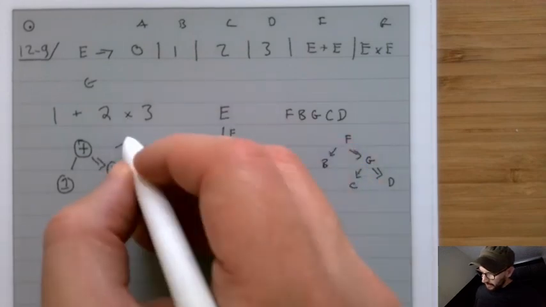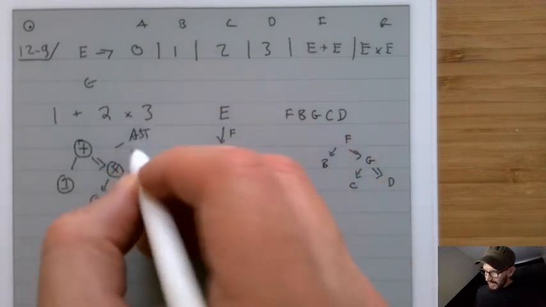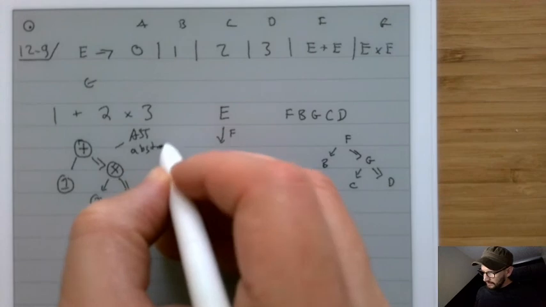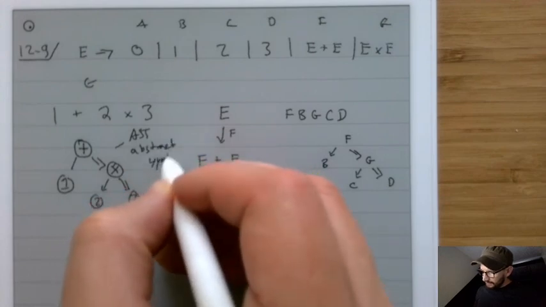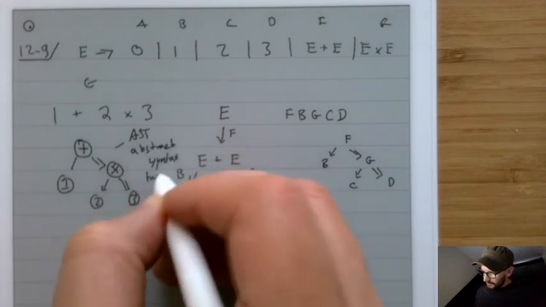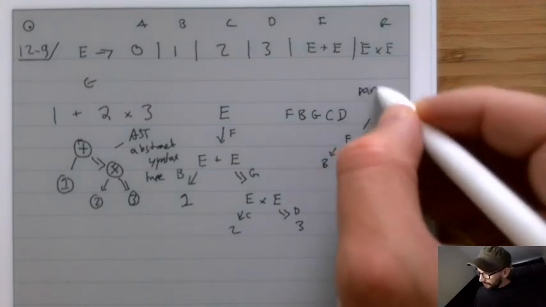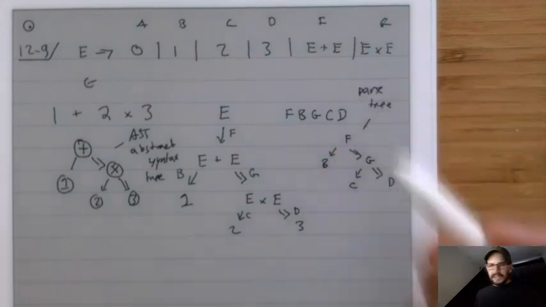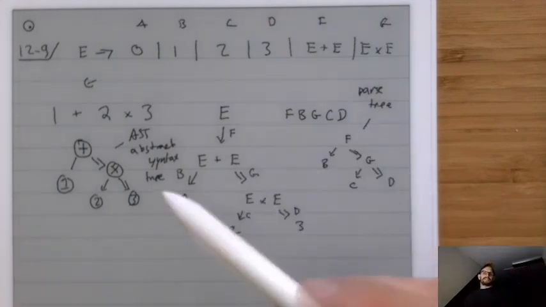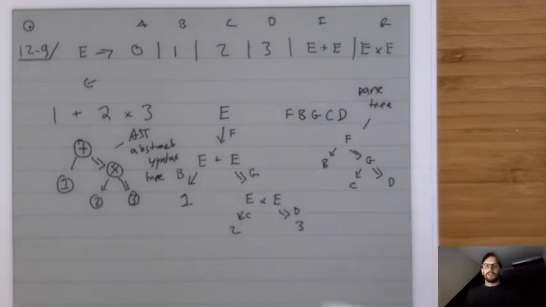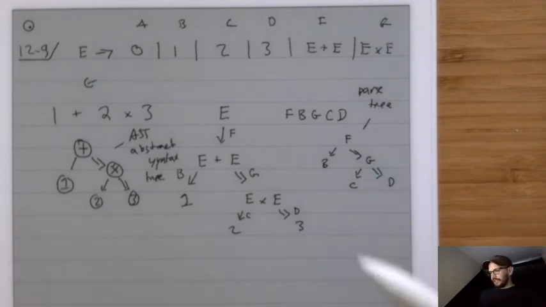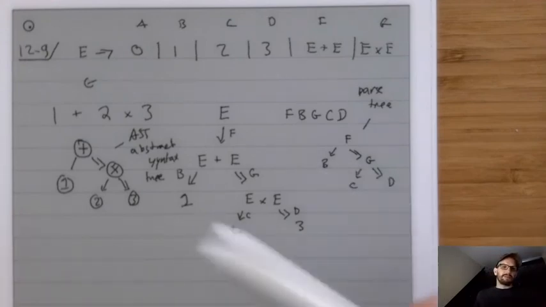This thing right here we call an AST, an abstract syntax tree. And this thing over here we call a parse tree. The connection between a parse tree and an abstract syntax tree is very trivial. So we often use context-free grammars to describe programming languages to be able to write programs that manipulate these things.